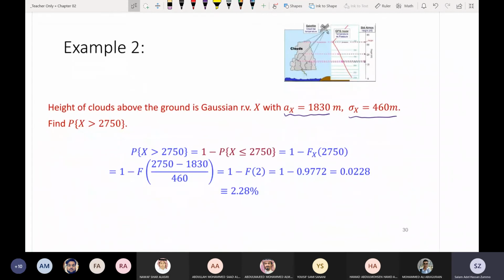And I want you to find the probability that x, اللي هو الهايت of the clouds above the ground, is larger than 2750 meters.